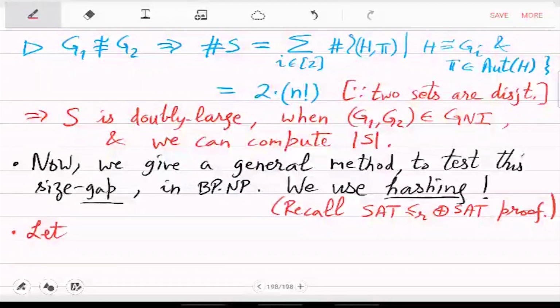So let H be the map from this M bit vector to K bit vector.